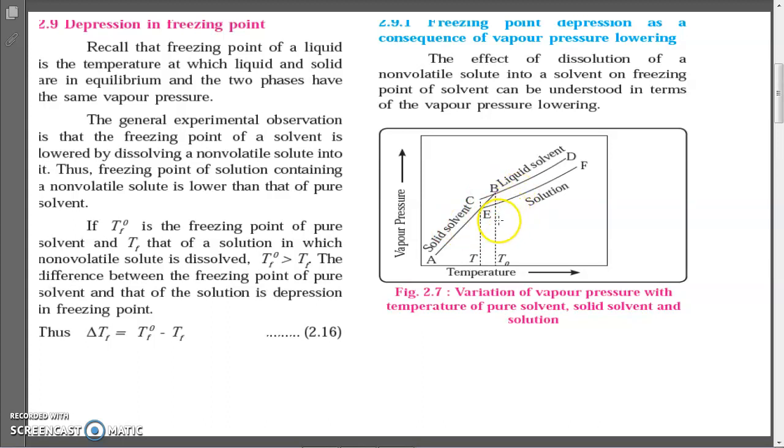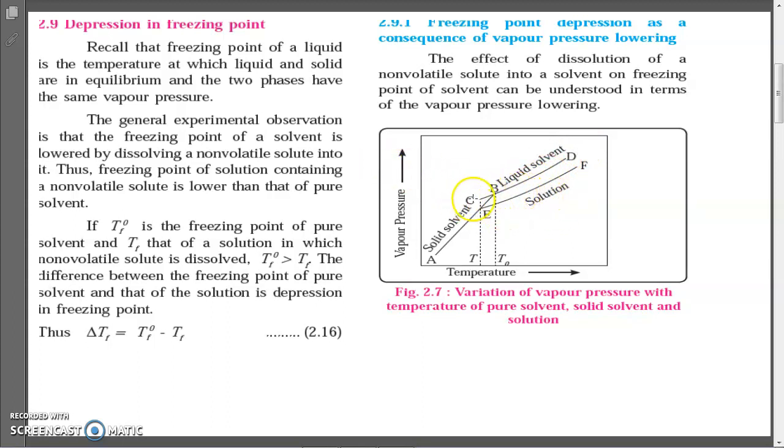In the graph there are three curves. Curve AB is the curve of the solid solvent, curve CD is the curve of the liquid solvent, and curve EF is the curve of the solution.